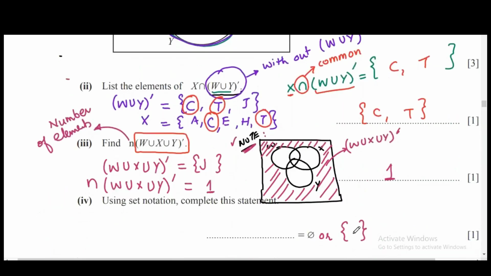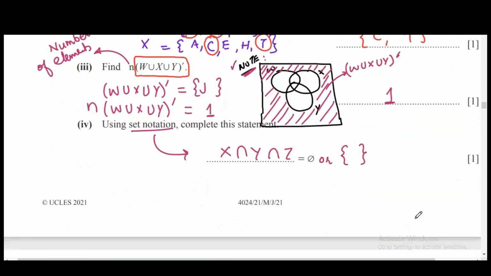So for no elements, we have to write set notation. The set notation is X intersection Y intersection Z. This was a 1 mark question.